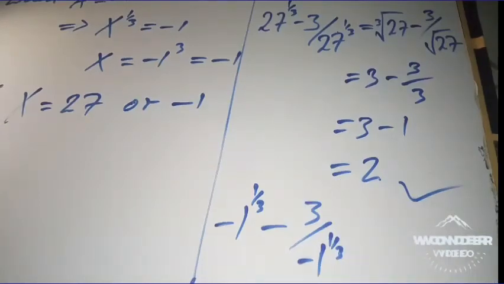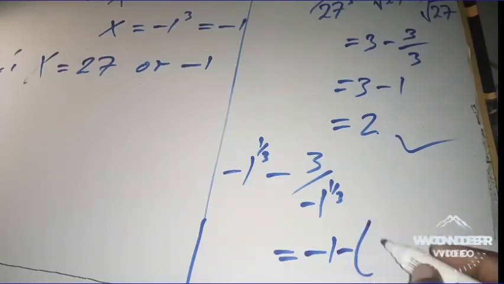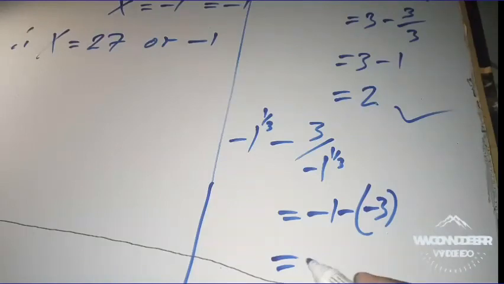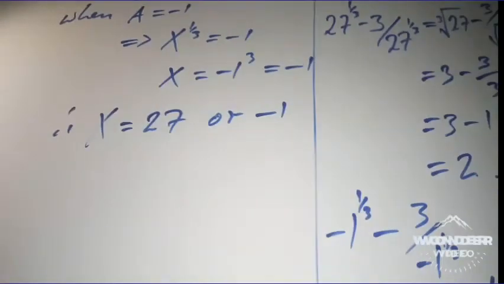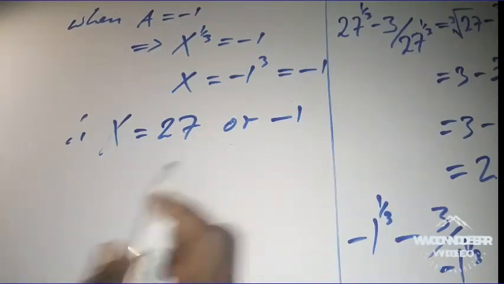This gives us negative 1 minus 3 over negative 1. So this gives us negative 1, minus minus is plus, so negative 1 plus 3 will definitely give you 2, which also satisfies the equation. So therefore we can conclude that the solution to this equation, the value of x, is 27 or negative 1.